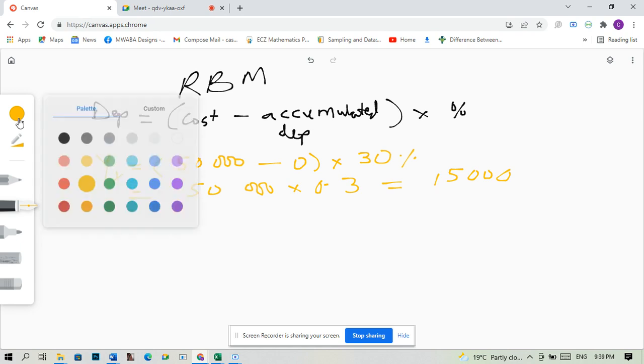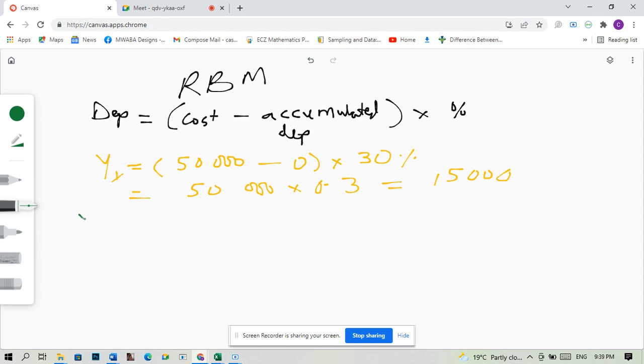We'll go to year two. We're going to say 50,000 minus this 15,000, because remember, depreciation accumulates from year to year. Always, depreciation accumulates from year to year.